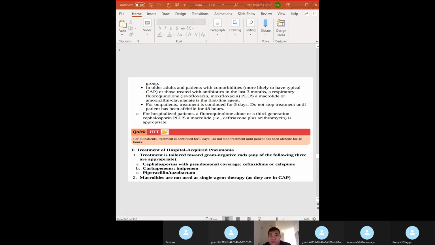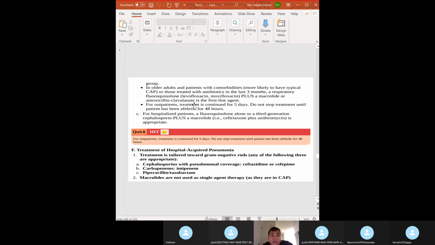Does anyone know what this is? I'm not sure. Amoxicillin and clavulanic acid, or amoxiclav. Okay, never mind then.